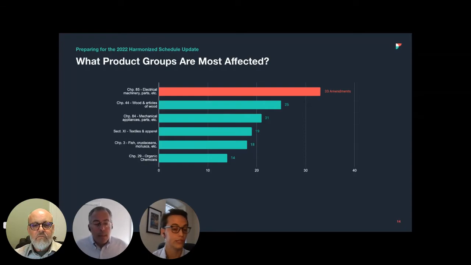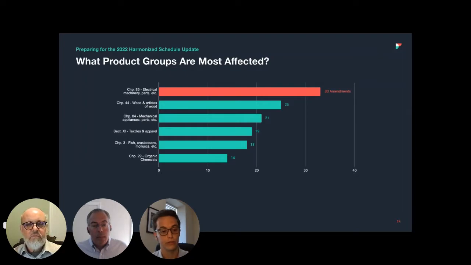We're seeing changes to smartphones. Those are now being provided for specifically in 85.17. We're seeing a lot of these changes that are affecting these mobile technologies that come in. That includes the way that smartphone devices and accessories are classified, as well as some of the component parts for them.